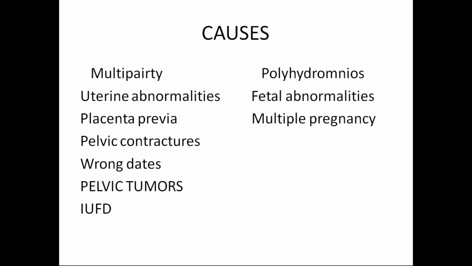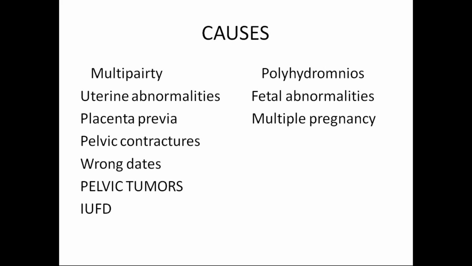The causes are the same as for any malpresentation. Always think of all these causes, particularly in a persistent transverse lie, shoulder presentation and persistent malpresentation. Always think of uterine abnormalities. If the patient says the first time also the baby was presenting transversely, or the first time also it was presenting as breech, always think of congenital uterine anomalies.